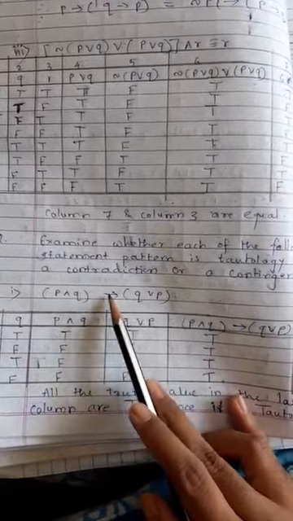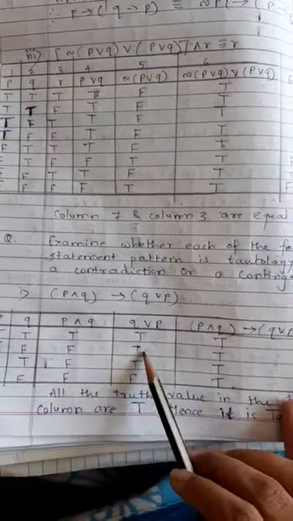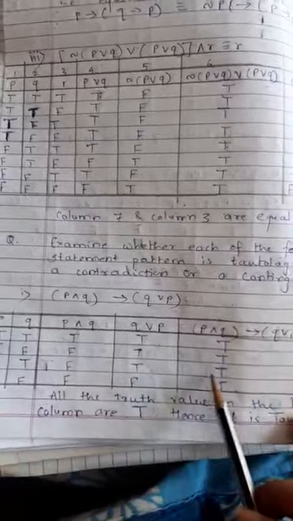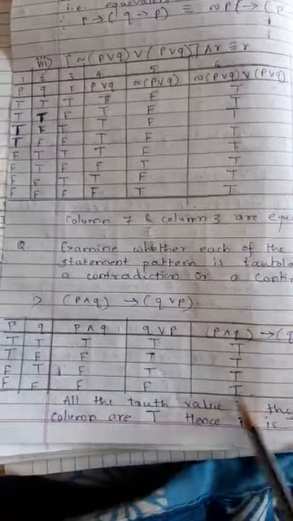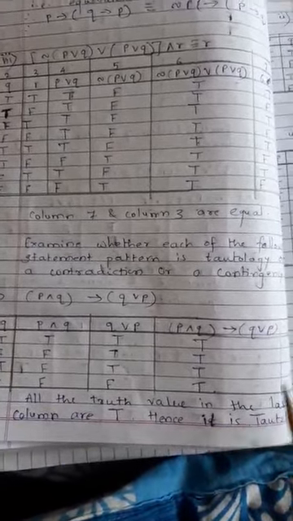We have to take the implication of these two columns. So T implies T is T, F implies T is T, F implies T is T, F implies F is T. So here all the truth values in the last column are T, hence it is a tautology.